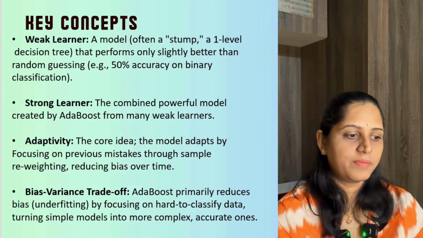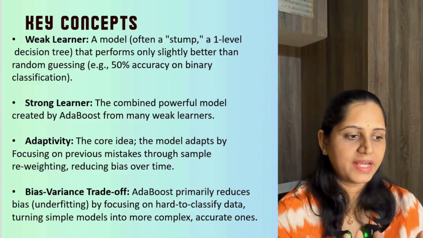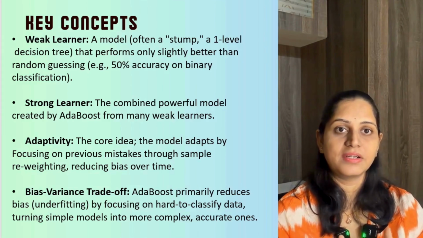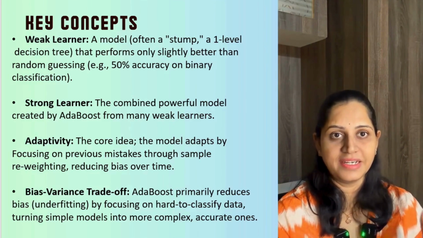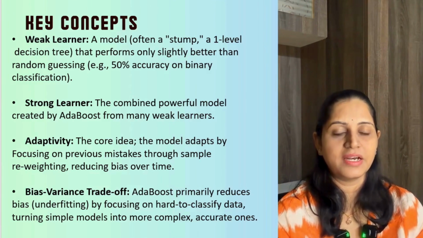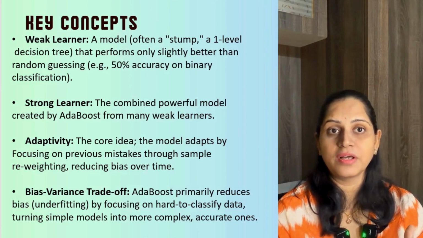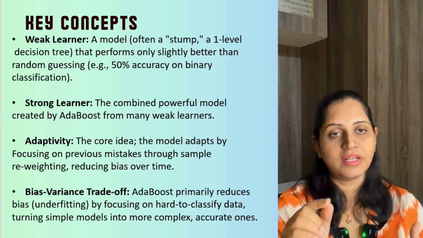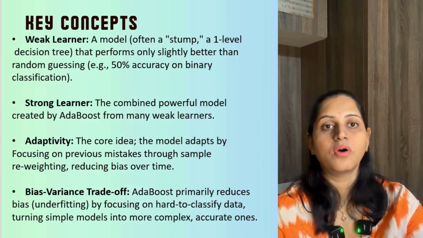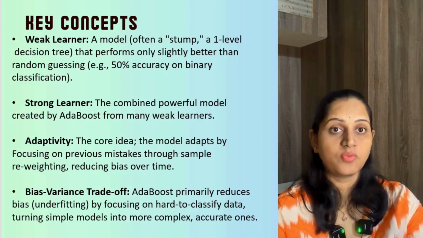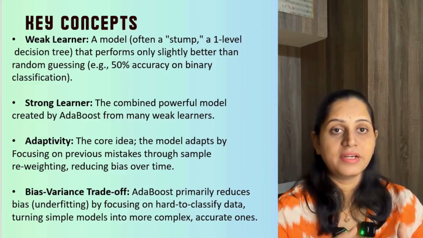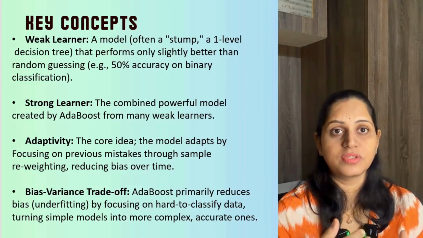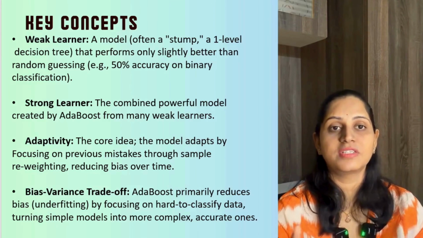Then adaptivity, because the core idea here is that the model should adapt by understanding the mistakes it made in the previous stages. Suppose you have 50 weak learners. At the 50th weak learner, we get one strong learner. That means it has understood all the past mistakes of those 49 stages, adapted to those errors, and changed its patterns.